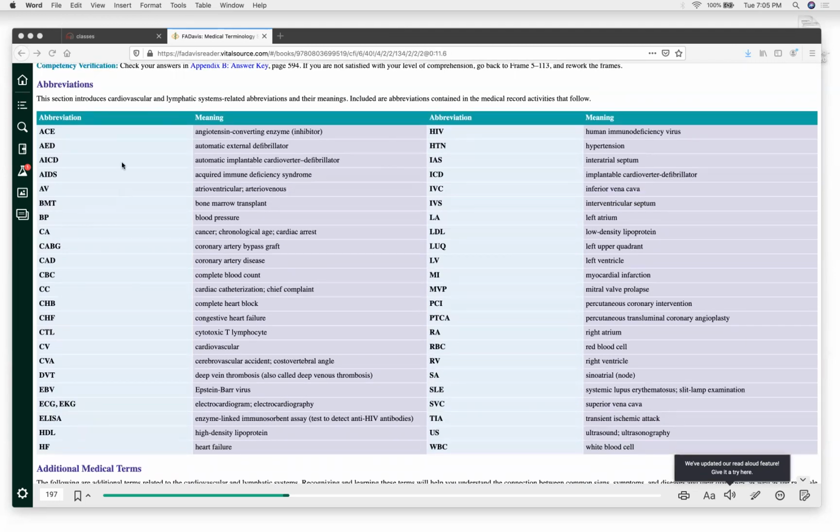Now, here on this page, look at your abbreviations, because even though the Joint Commission on the Accreditation of Hospital Organizations kind of frowns on the use of these, nowadays your electronic medical records, or EMR, will, if you type in ACE, convert that to the whole word, or have the whole word in parentheses.